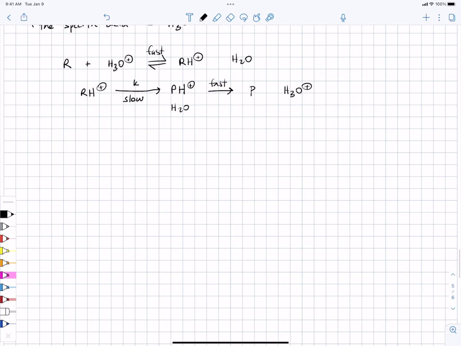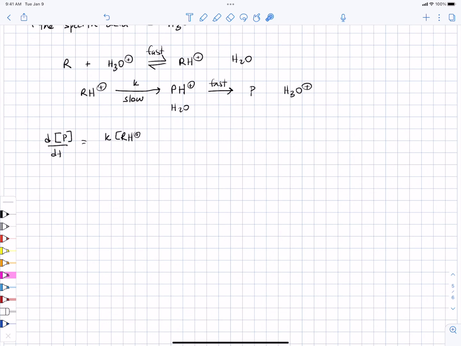Okay, so we would say here that the rate of appearance of product should be k, the rate constant, times RH+. Now, we're not going to use a steady state approximation because this equilibrium is rapid and fast relative to this step. So as soon as we consume a little RH+, we're going to generate more.